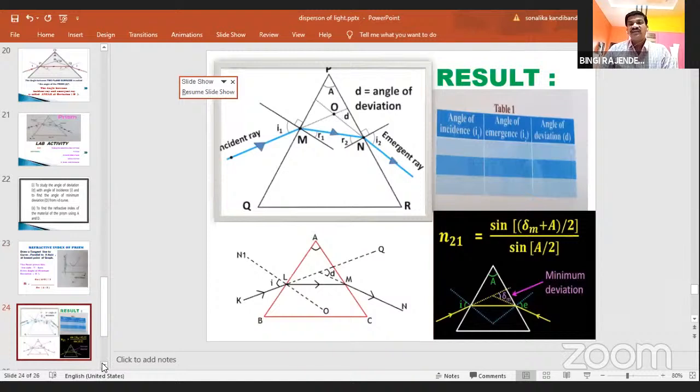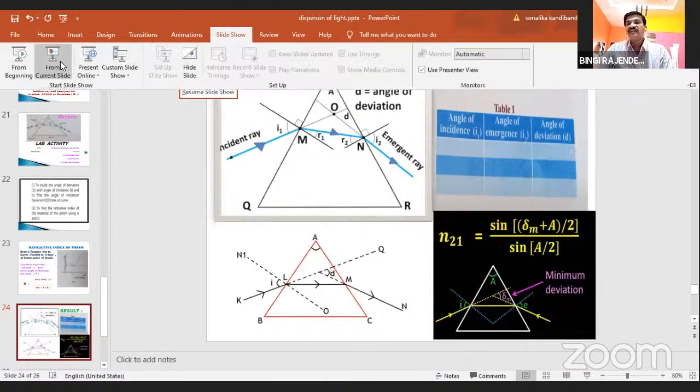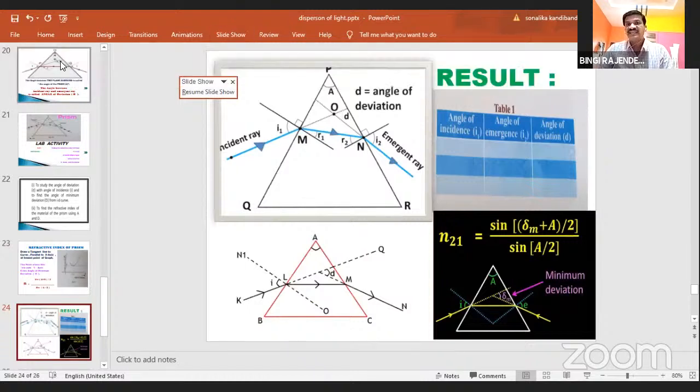This is our table. After the completion of the experiment, we fill the table and take the result as we do in a problem.